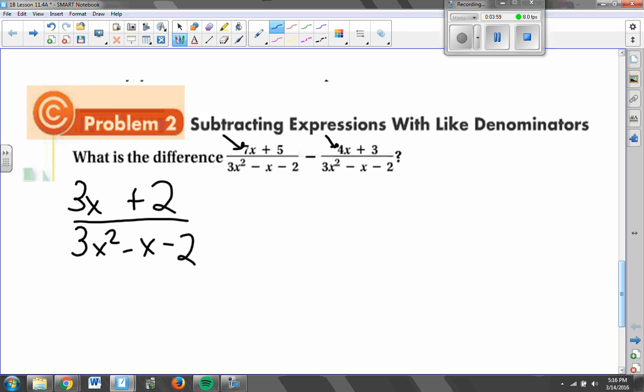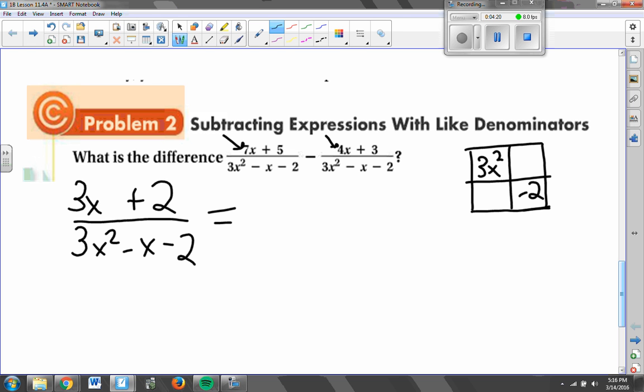Now, I am going to try to simplify that more because on the bottom here I see a quadratic expression that I think I can factor. I'm actually going to factor it with one of our old box and diamond problems. Hopefully we remember those. 3x squared and a minus 2 there.